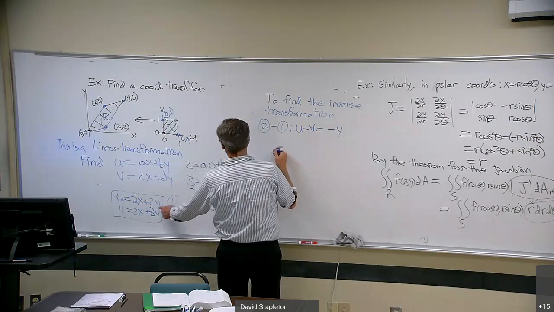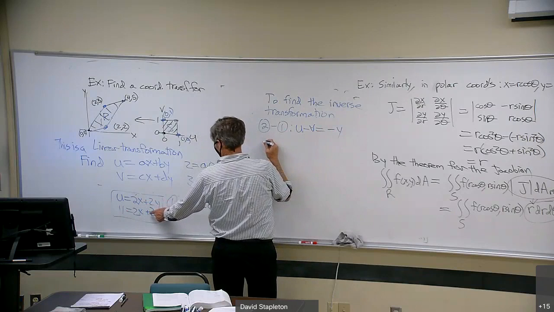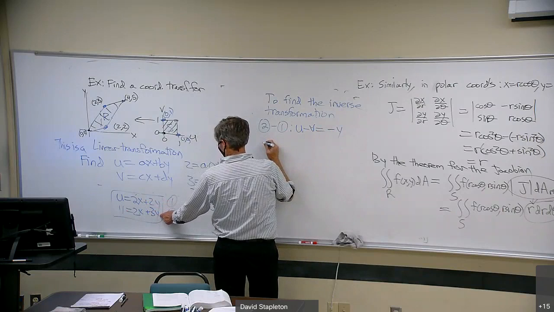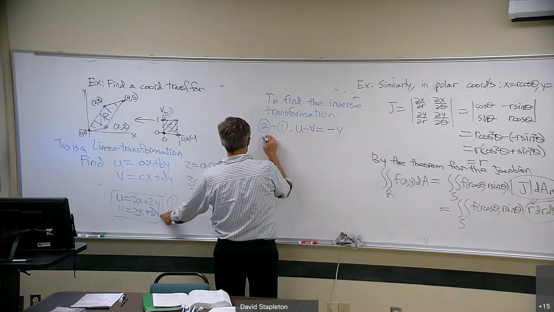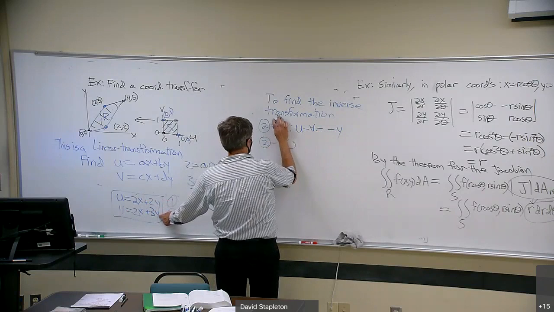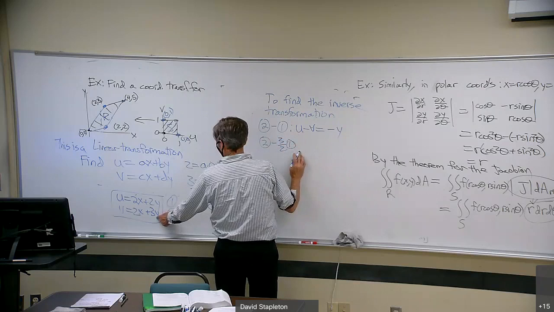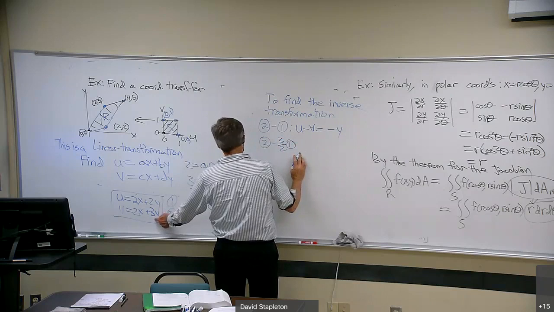And then if I take, to eliminate the y's, I could take equation 2 minus 3/2 of equation 1. You take a multiple of one and add to a multiple of the other. And this will eliminate the y's.